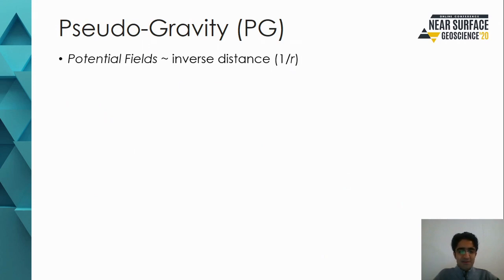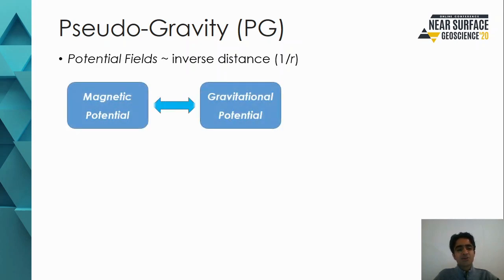What is pseudo-gravity? You are all familiar with it. The potential fields are inversely proportional to the distance from the source, so consider the magnetic potential of an isolated pole or the gravitational potential of an isolated point source. They can be related to each other by Poisson's equation.